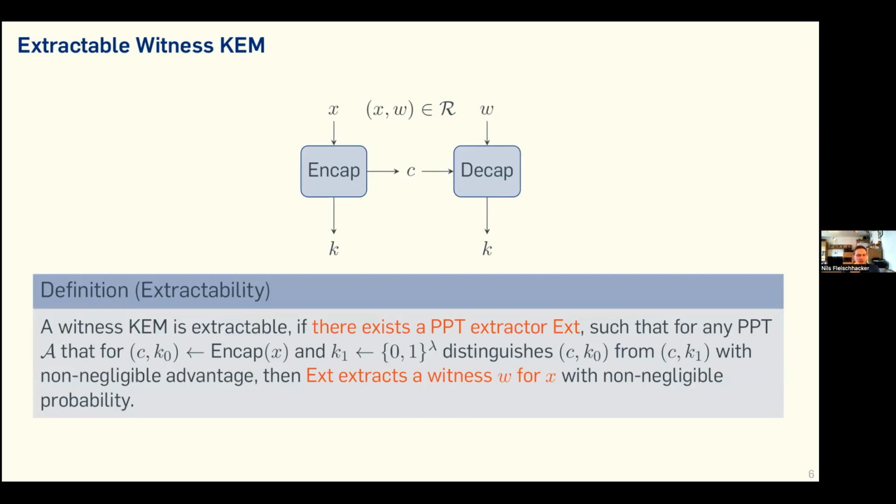So the slightly changed definition is that a witness KEM is extractable if there still exists a PPT extractor, such that for any PPT adversary that can distinguish between being given a ciphertext and the correct key, or the ciphertext and a uniformly random key, the extractor can extract a witness for the statement, with non-negligible probability.